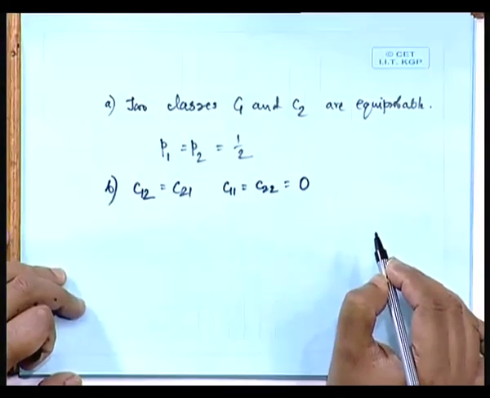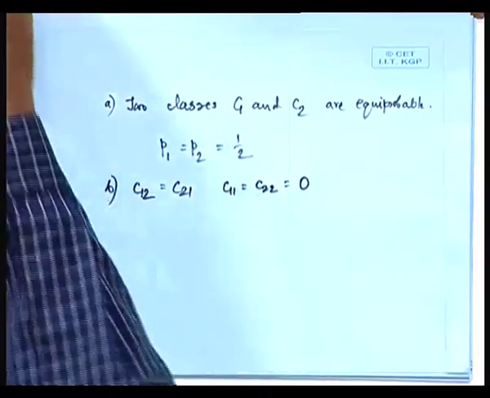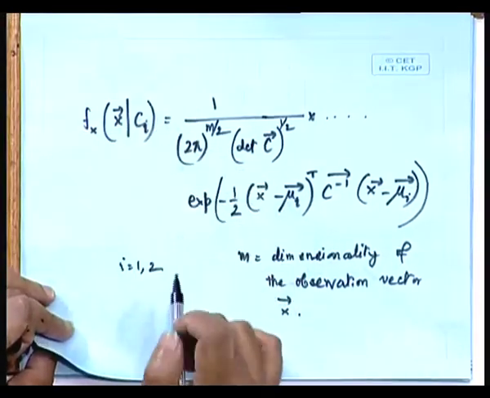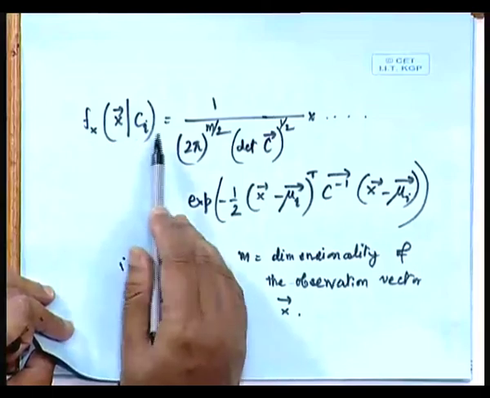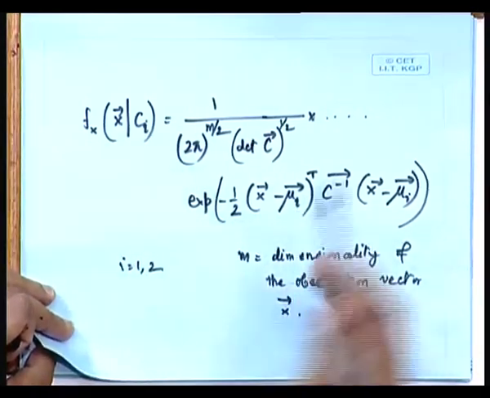So, there is nothing wrong if I assume that C11 is equal to C22 is equal to 0. Now, if we try to take the likelihood ratio, what we have to do is first write the expression for x given C1, then for x given C2, and simply take the ratio of these two.